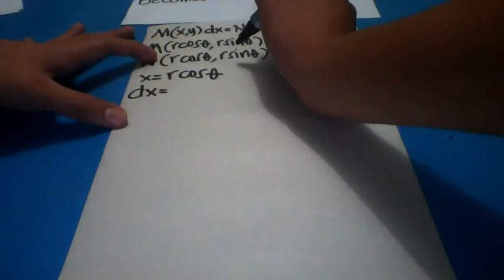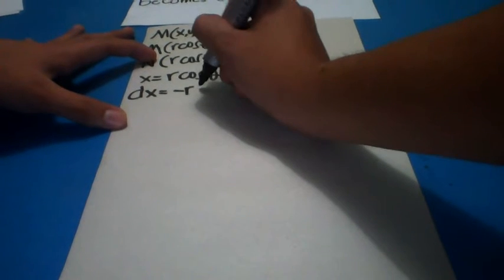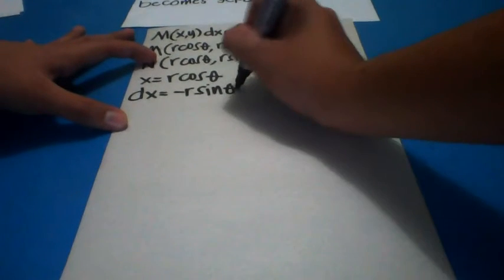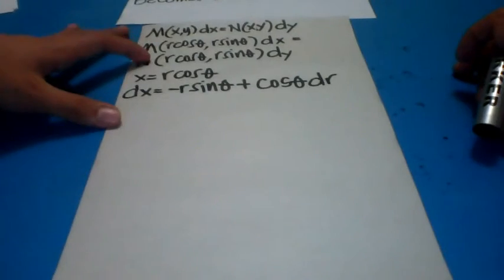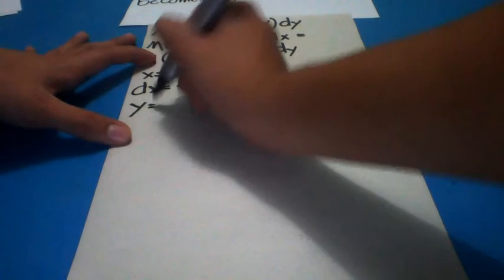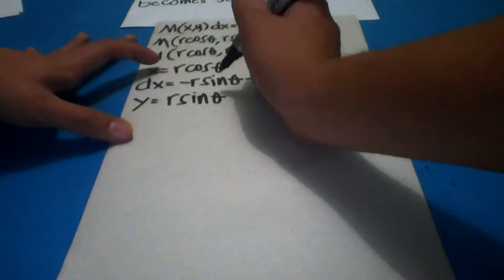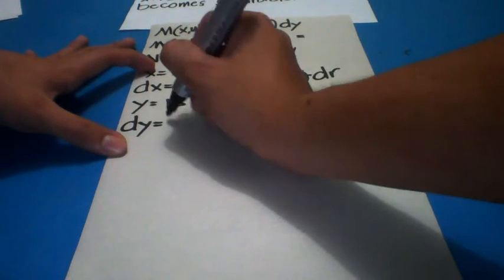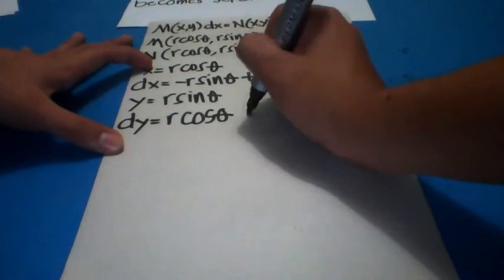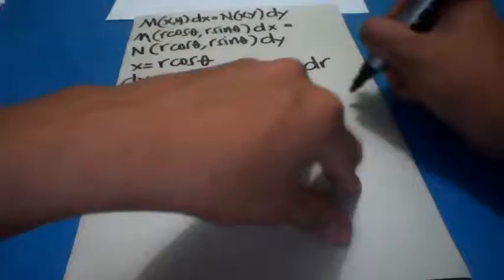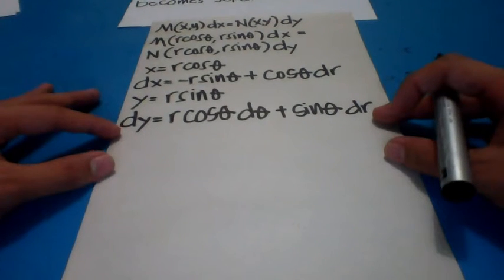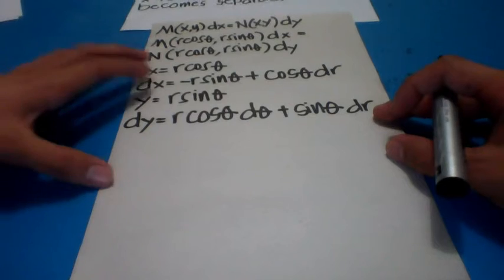We take the derivative of x, and dx is equal to negative r sine theta d theta plus cosine theta dr. And since we have y equal to r sine theta, the dy is equal to r cosine theta d theta plus sine theta dr. We solve this by using the chain rule.